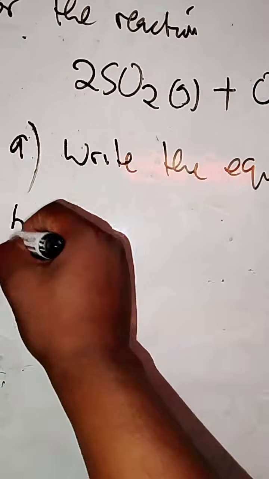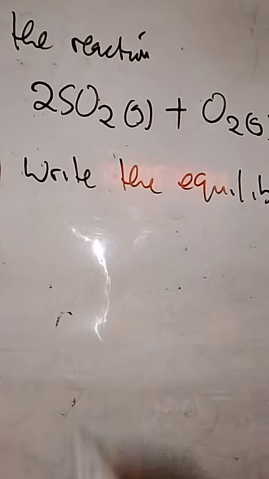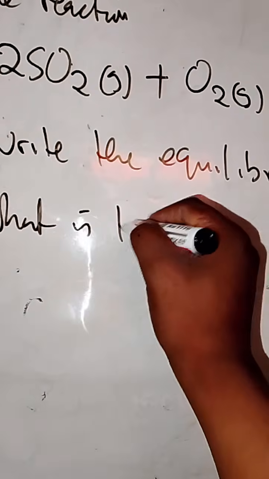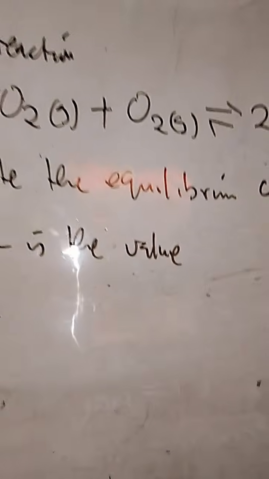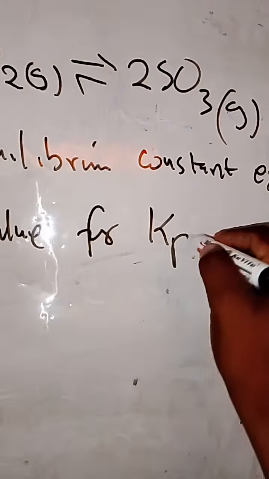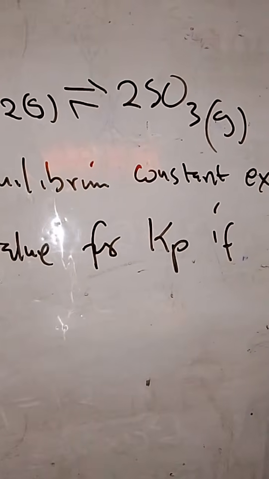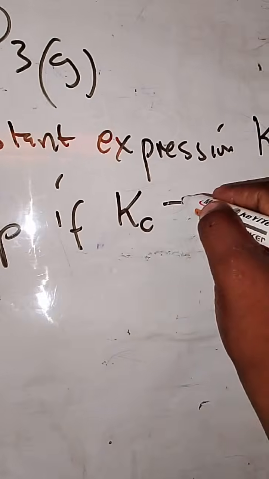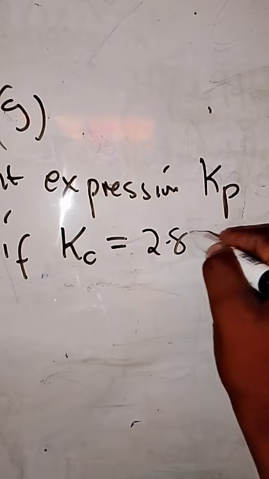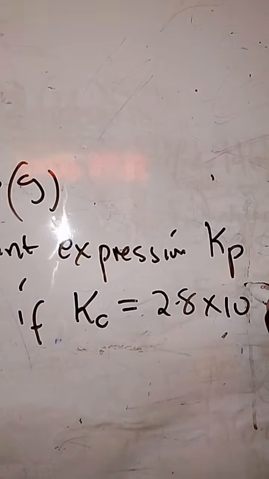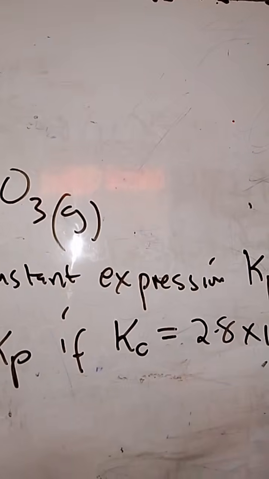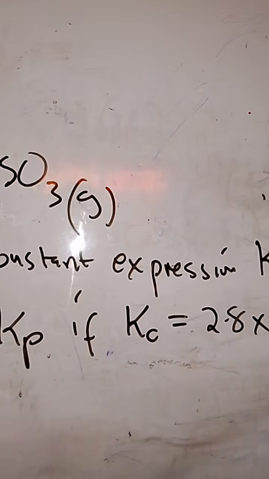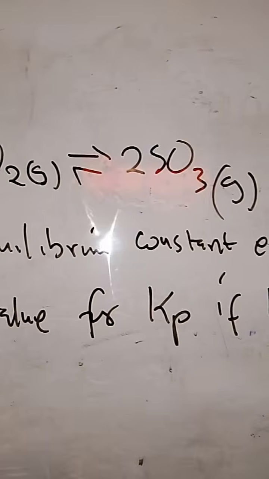Then B: what is the value for Kp if Kc is equal to 2.8 times 10 to the power 2 at 1000 K?